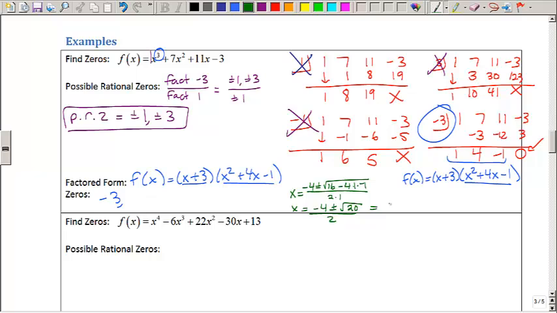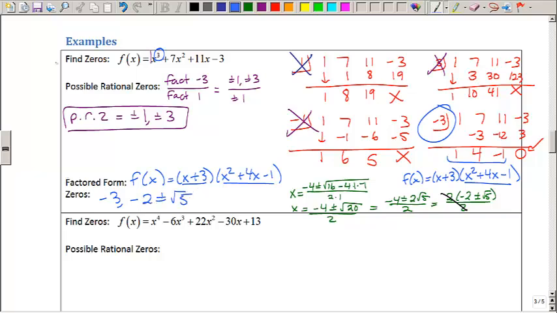The square root of 20, which is 4 times 5, is 4 plus or minus 2 square roots of 5 over 2. And 4, 2, and 2 can all be divided by 2, or factor out a 2 in the numerator. Negative 2 plus or minus the square root of 5 all over 2. And those two 2's divide out. So the other two zeros would be negative 2 plus or minus the square root of 5.